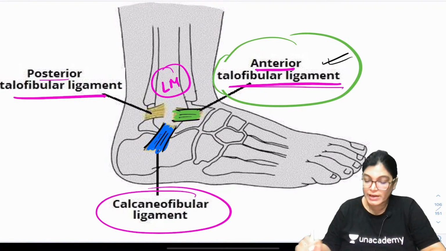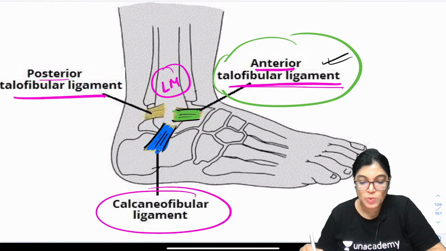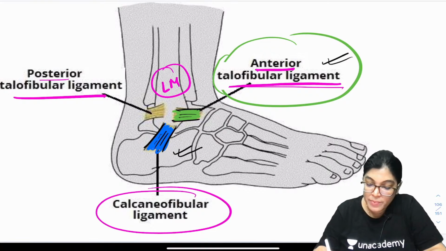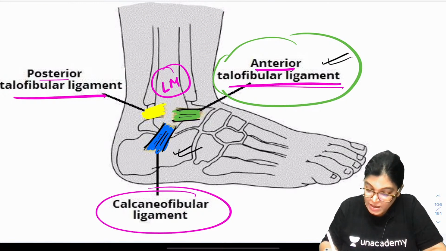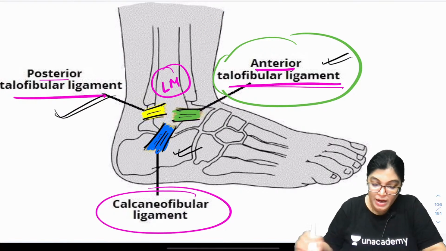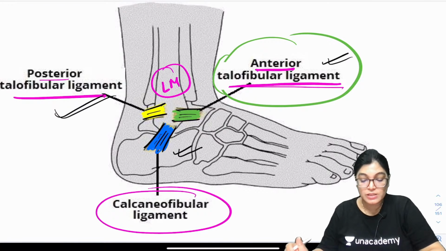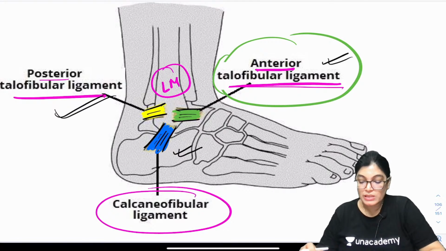The calcaneofibular ligament attaches from the lower end of the lateral malleolus and goes to the calcaneum bone, to the lateral tubercle of the calcaneum. On the posterior aspect, it diverges and attaches again to the talus, merging with the posterior tubercle of the talus.